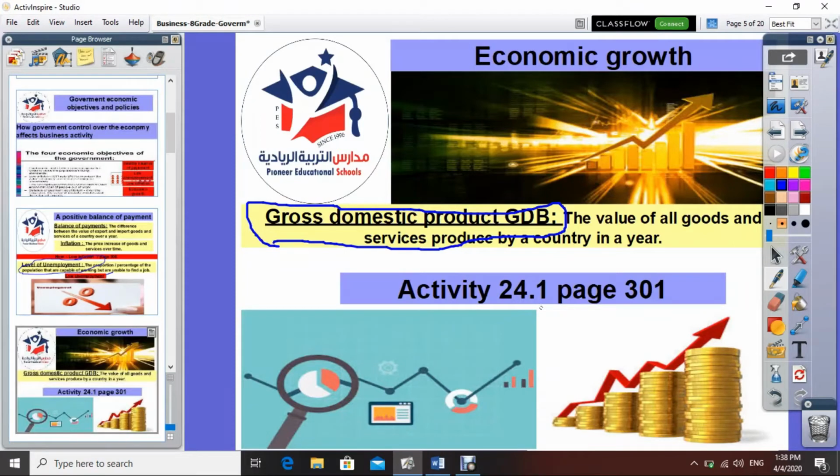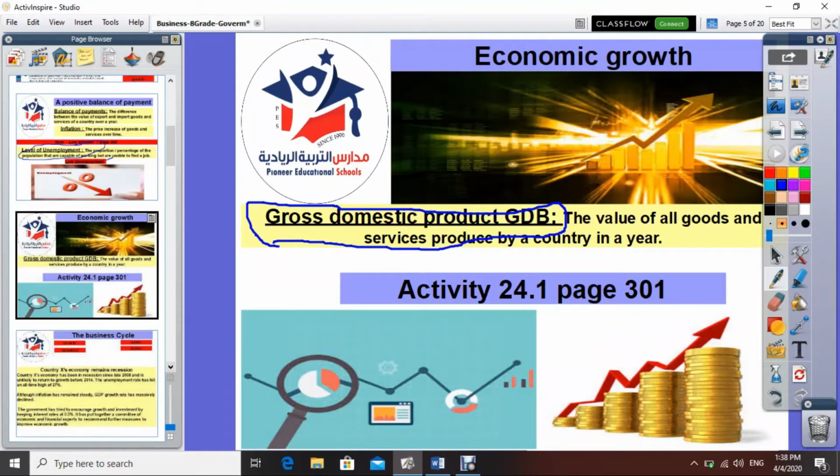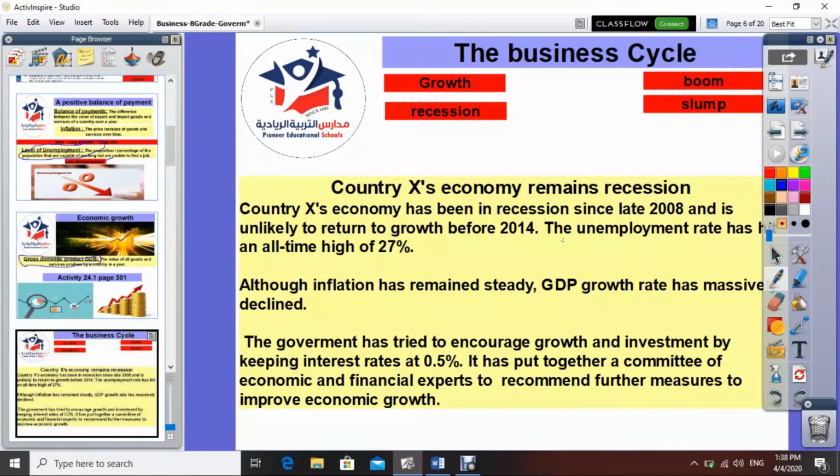Activity 24.1, page 301, is talking about how country X's economy remains in recession. Country X's economy has been in recession since late 2008, and it's unlikely to return to growth before 2014. The unemployment rate has hit an all-time high of 27%.